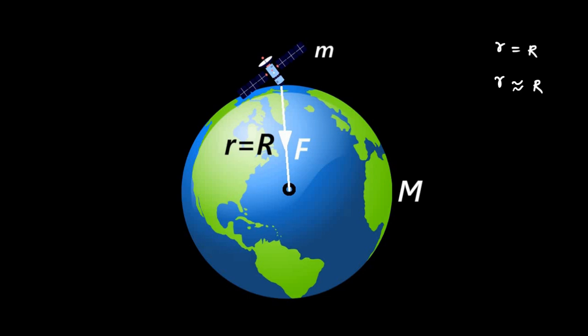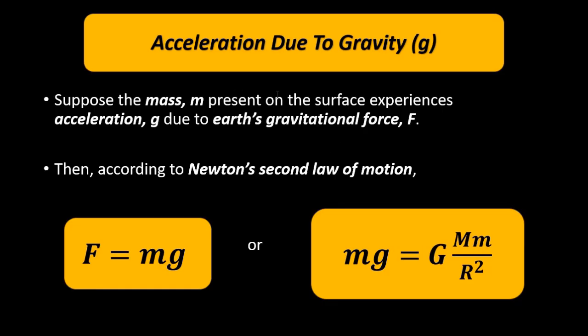So here, when the satellite is moving very close to the surface of the earth, it will experience an acceleration, which is called acceleration due to gravity. Okay, the acceleration experienced by the object under the influence of Earth's gravitational pull.